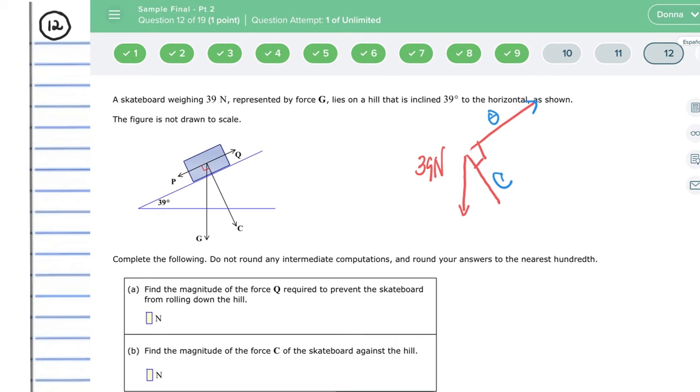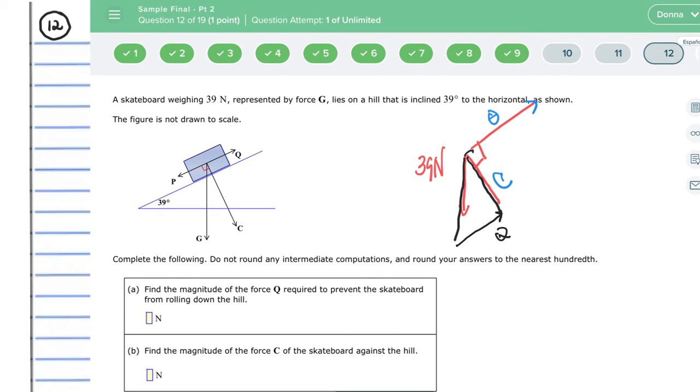So I'm going to draw this new triangle that has that 39 newtons. It has C. And then I'm going to draw a line parallel to Q. I should say a line segment. So that's going to be my Q. All right.